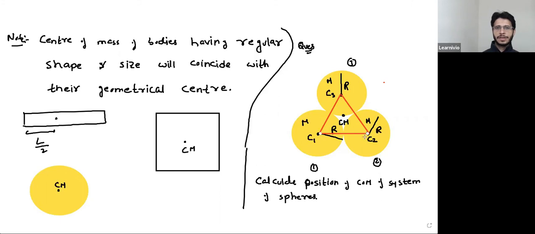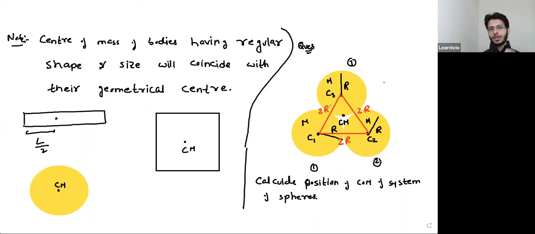This is like the first numerical on center of mass that we did. You replace each sphere by its center of mass, so you have 3 points. Can you tell me the separation between C1 and C2? They are placed just back to back, so it's 2R. Similarly, this is 2R, and this is 2R.